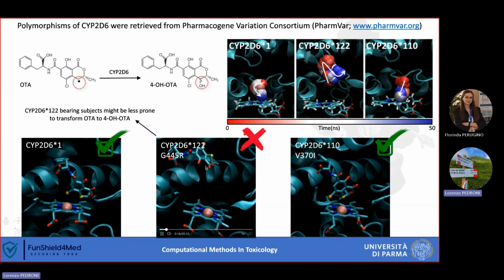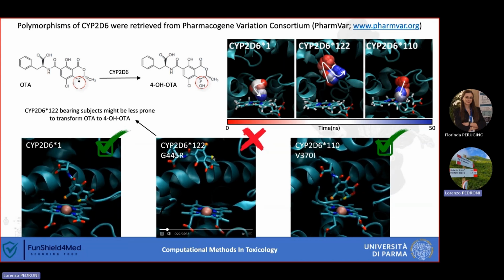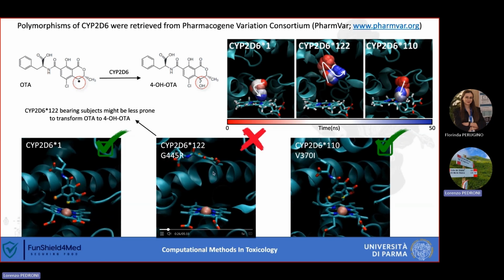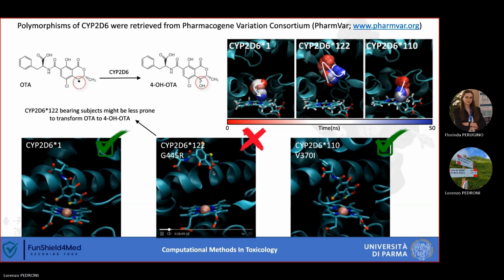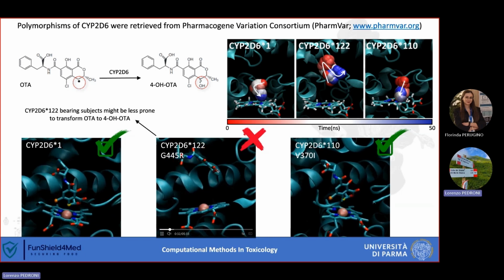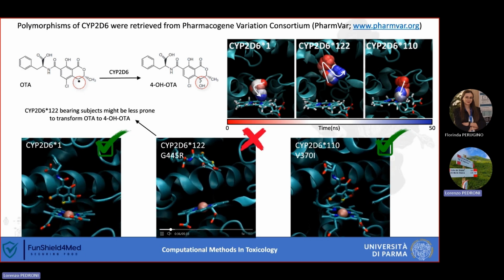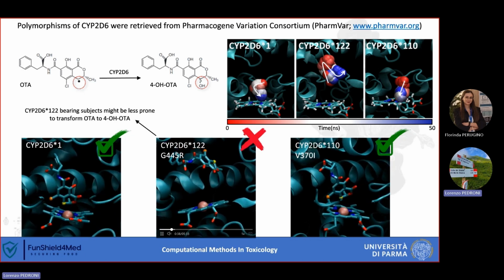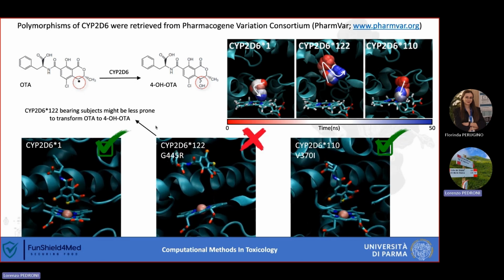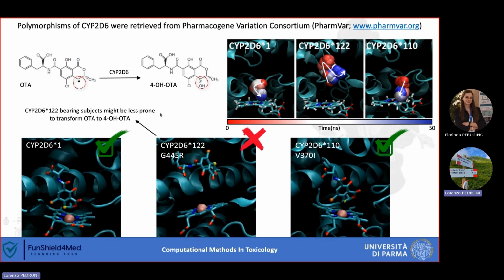In these variants, we can see how far it is, and so we can assume, and we assumed, that this variant is not going to produce the 4-hydroxylated ochratoxin A, or at least it's not going to transform it in a way which is less relevant with respect to the wild type.